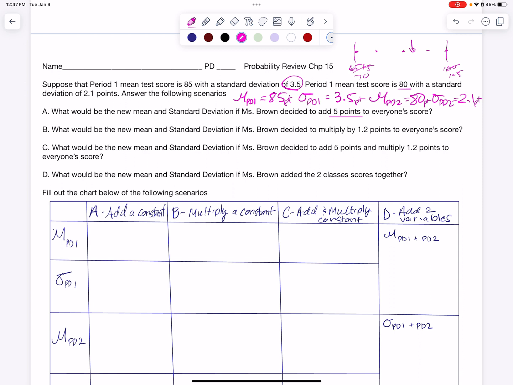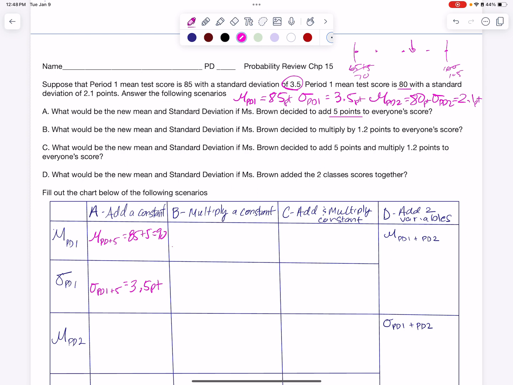So this one here would just be the mean of period 1 plus 5, which would be literally 85 plus 5, 90. The standard deviation of period 1 plus 5 is just going to stay the same, which would be 3.5 points, because the distance does not change.